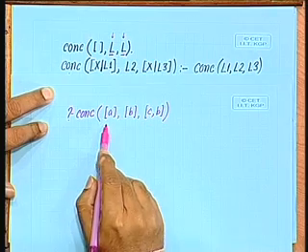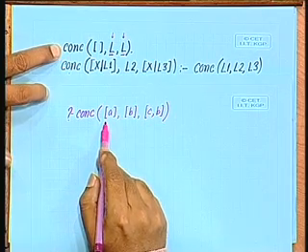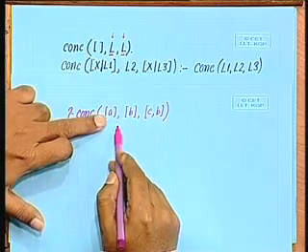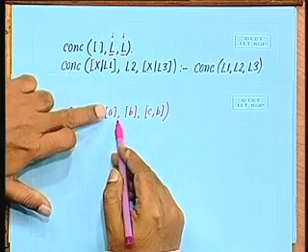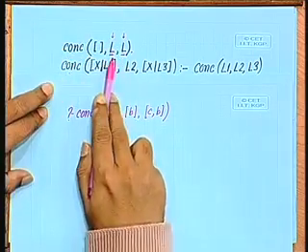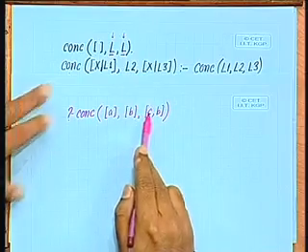So, again if we try to do this, we will first try the first rule, it will not match because of this, it will not match because of this and also because of this, because these two will not unify, right.